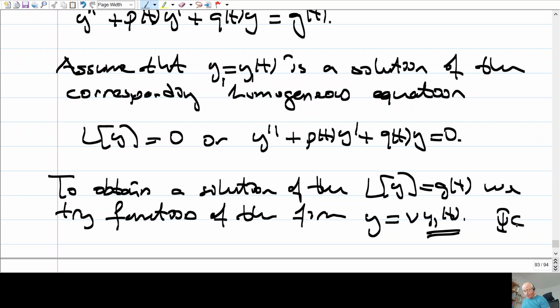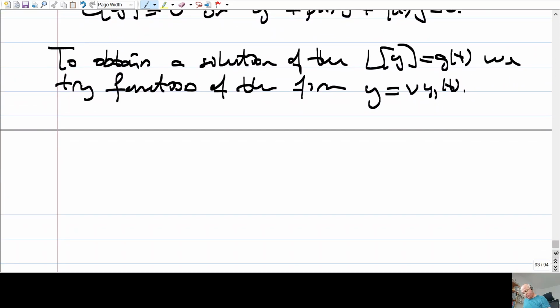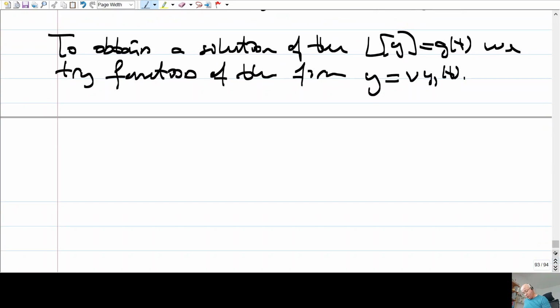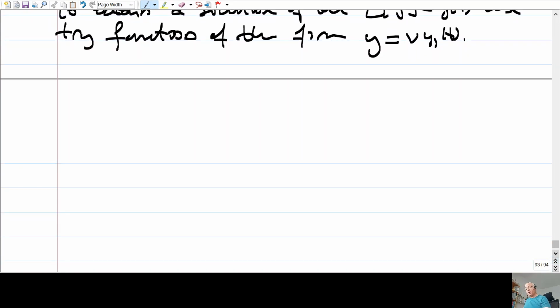Instead of C, we replace the C by an arbitrary vector valued function, and we tried this kind of gadget to solve the equation. So the idea is not something very original, almost the same idea.